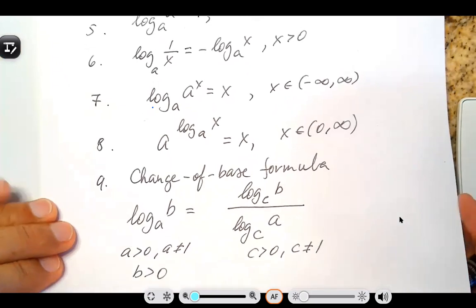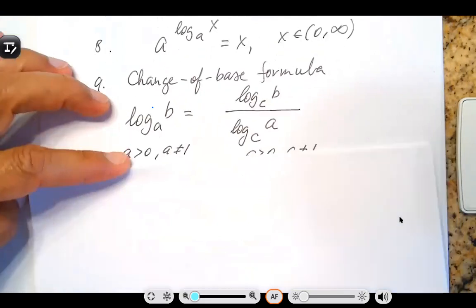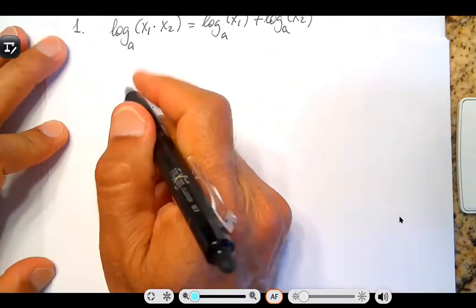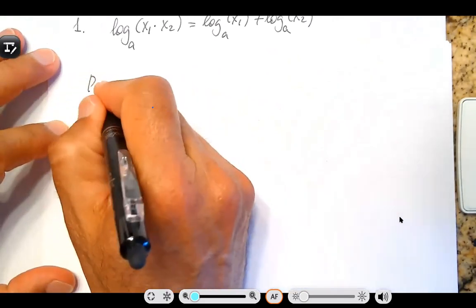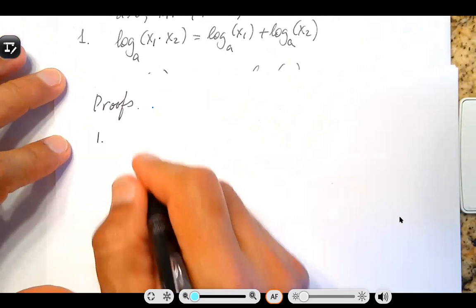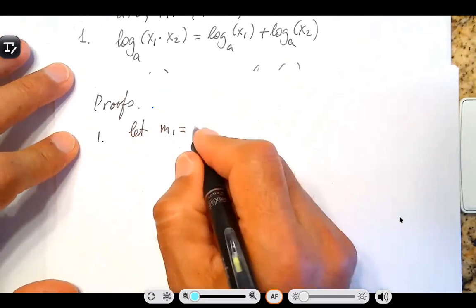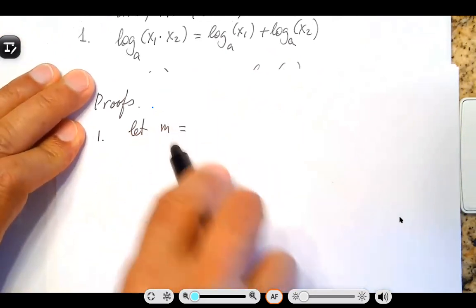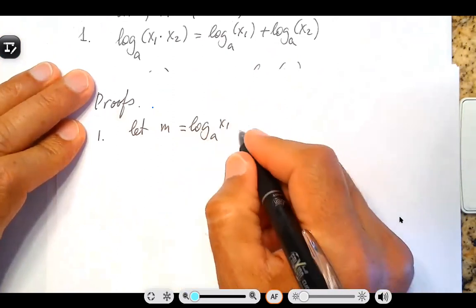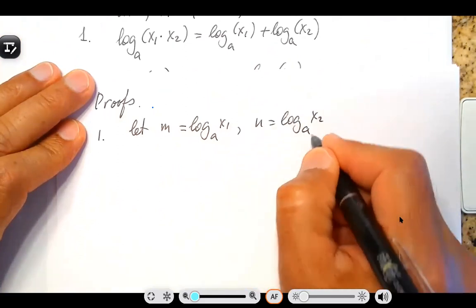Now I'm going to prove some of them. Some of them I already proved. Let's prove number 1. Let m equal logarithm x sub 1 base a, and let n equal logarithm x sub 2 base a.